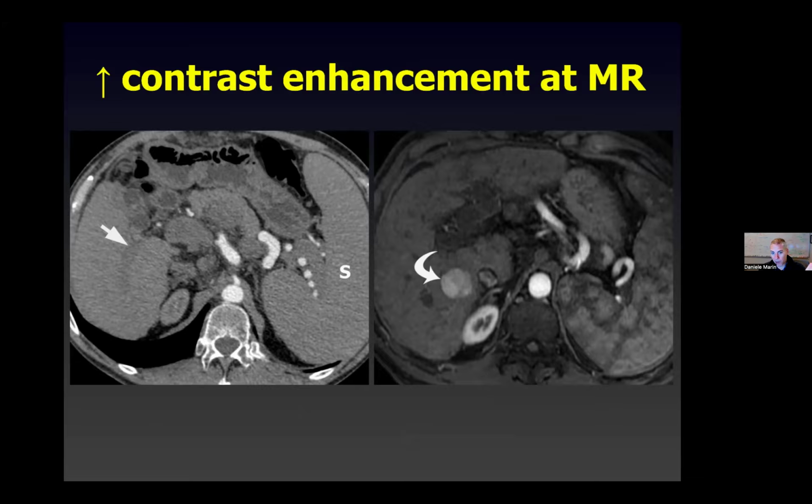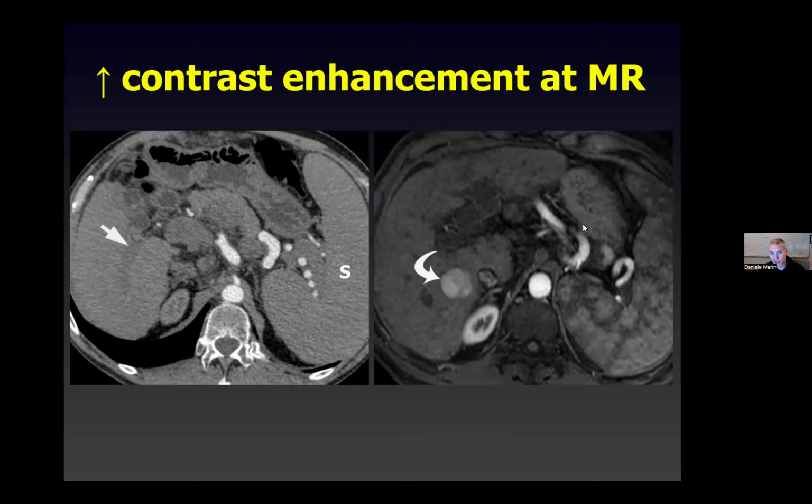This is an example of the same patient that was scanned with CT followed by an MRI. The reason why the MRI was performed is because the timing of the arterial phase on CT was suboptimal. If you only look at the CT image, it's virtually impossible to identify this 2.5 centimeter lesion in segment 5.